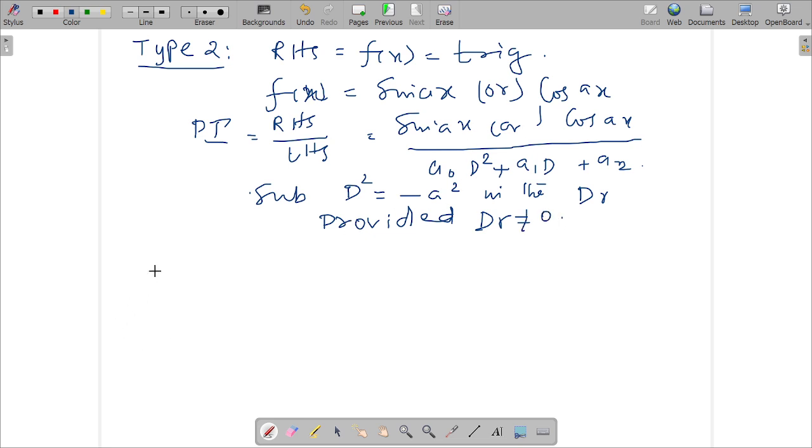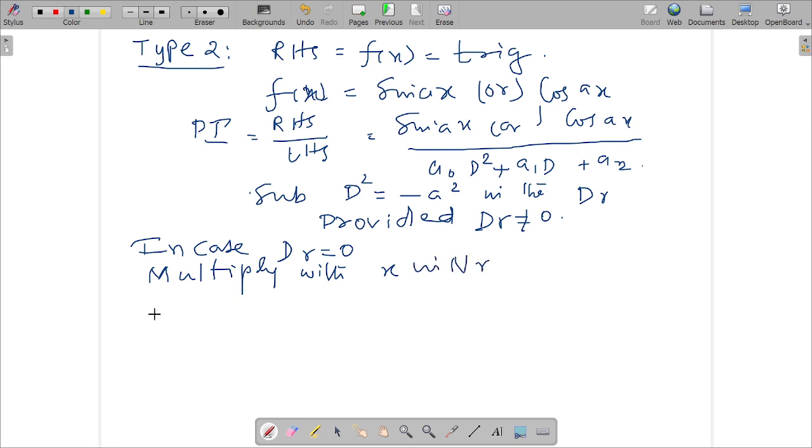In case the denominator is 0 after substituting d square equal to minus a square, as we have already done in one earlier step, multiply with x in the numerator and differentiate with respect to d in the denominator.